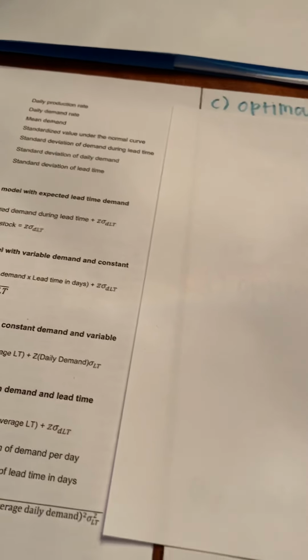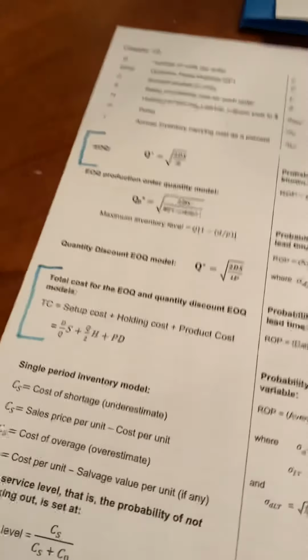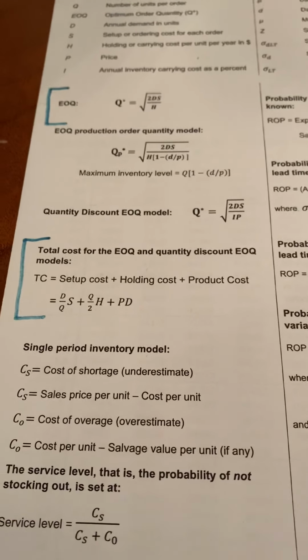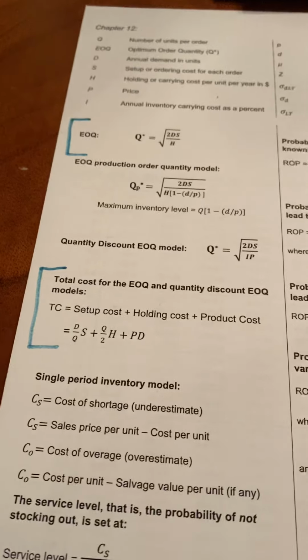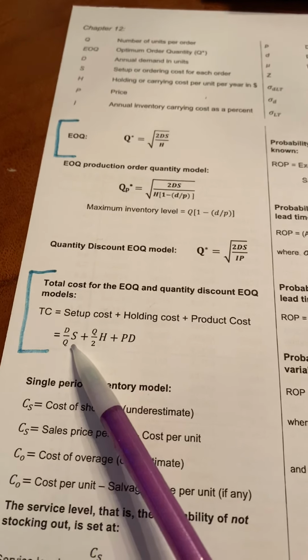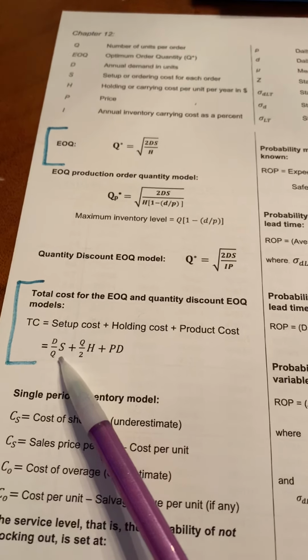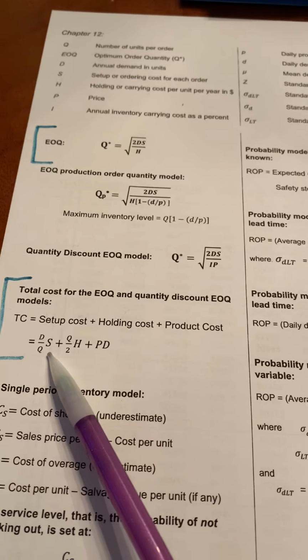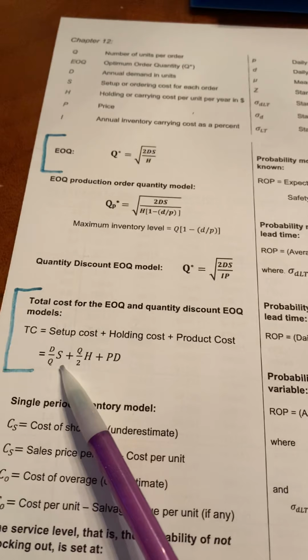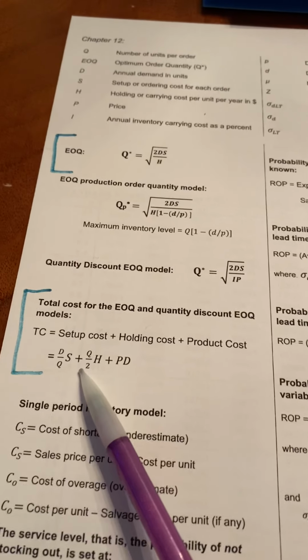And then the next problem asks us to find what is the optimal number of orders per year. Obviously on the formula sheet, we do not have a formula for this, but if we look at the total cost formula, we can see that the setup cost is D over Q times S, where annual demand is divided by Q. So if demand is divided by Q, that will tell us how many times we have to order.